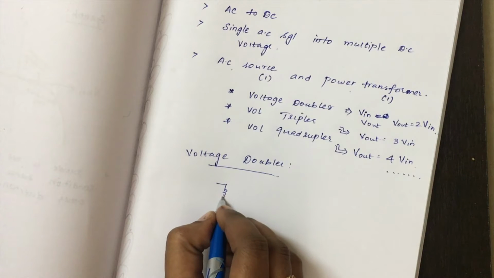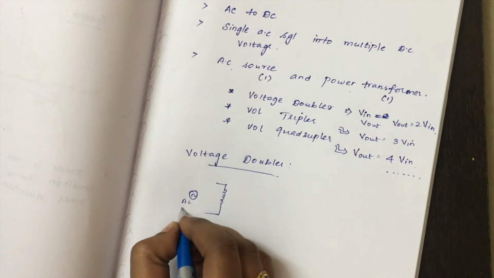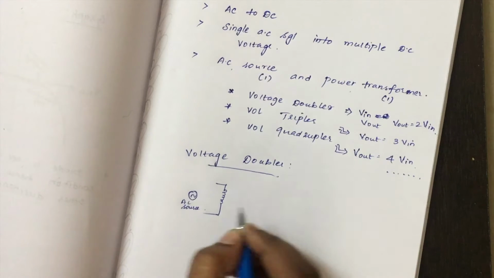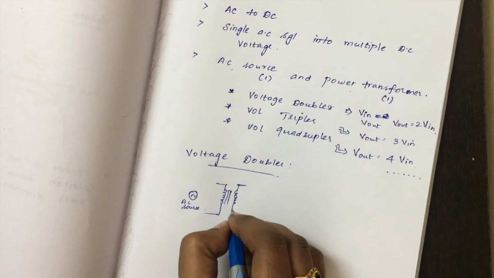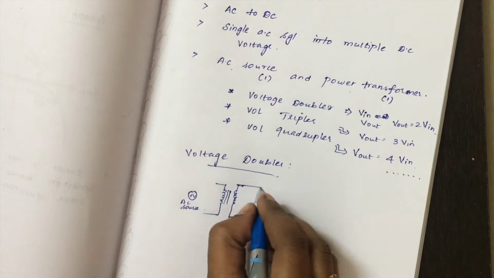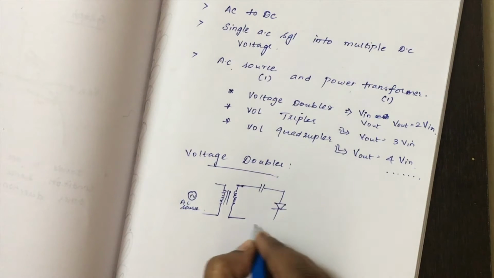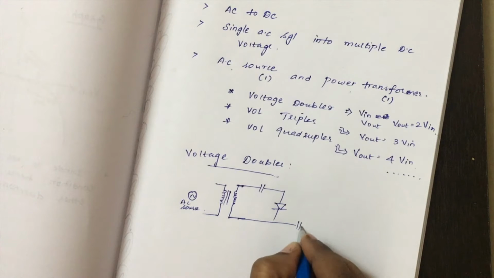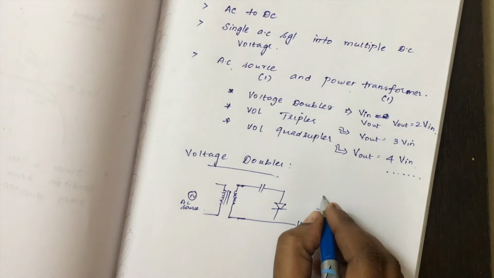As already told, we need one AC source, where you will get an AC input signal which will be applied to a power transformer. Now all we need is capacitors and diodes, since this is an application of the diode.